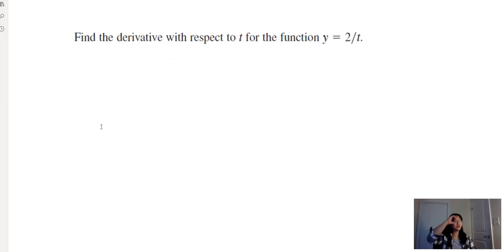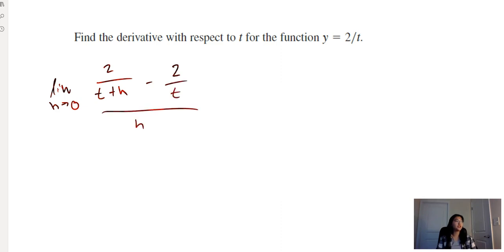So how do we find the derivative with respect to t of the function y equals 2 over t? Well, limit as h approaches 0 of 2 over t plus h minus 2 over t all over h. And this looks really gross.